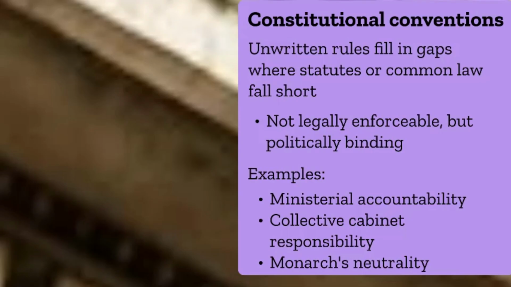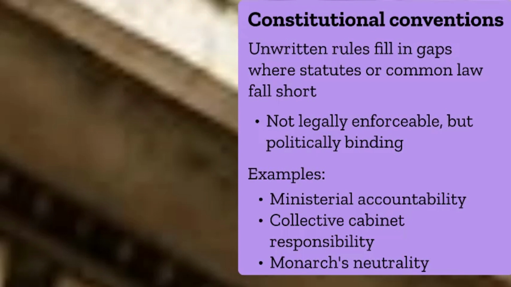And also monarch's neutrality. This essentially means that monarchs must act on ministerial advice and remain politically neutral. So the king or queen of the United Kingdom can't come out and say, I don't agree with what the government's doing here. They can't say, well, I don't like this government, I'm a huge fan of the Conservatives, and I'm really disappointed that the Labour government is running the country at the moment.